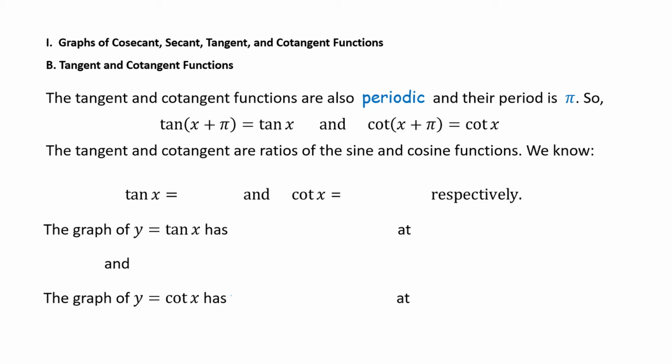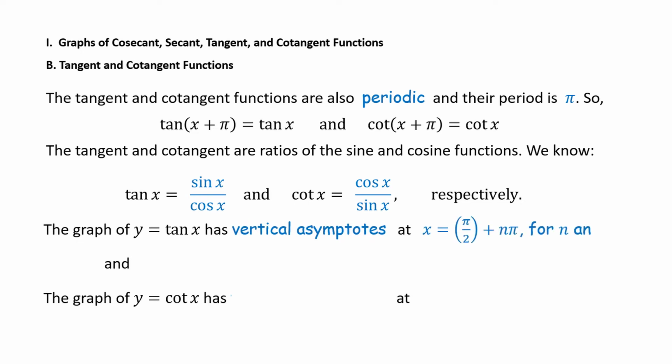We know tangent x is equal to sine x over cosine x, and cotangent x is equal to cosine x over sine x, respectively. The graph of y equals tan x has vertical asymptotes at x equals pi over 2 plus n pi for n an integer.